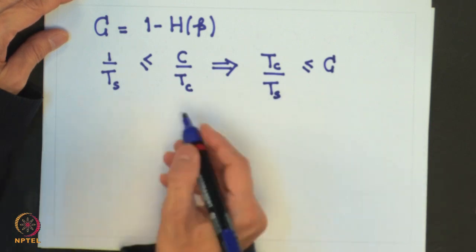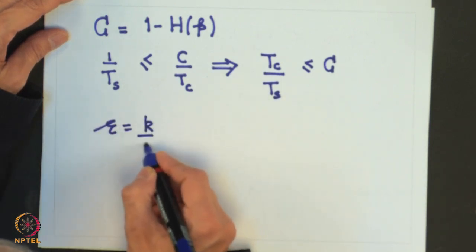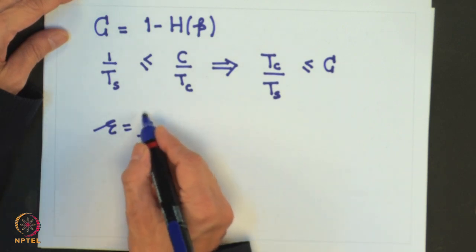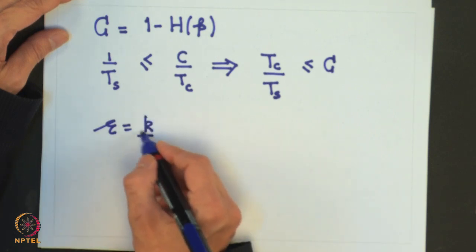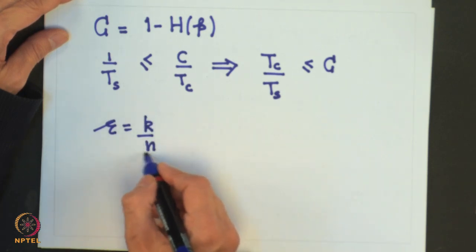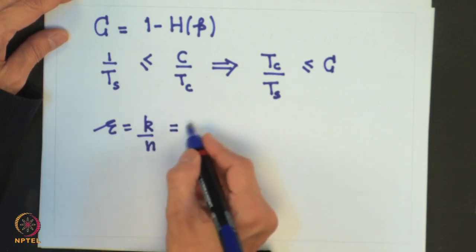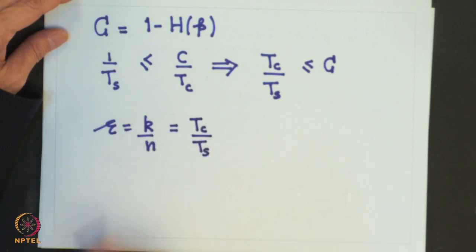Now, it is easy to see that your code rate is equal to k by n. So, k input symbols get mapped to n output symbols. The duration of each symbol here is Ts, the duration of each symbol here is Tc. So, this ratio is nothing but equal to Tc by Ts.